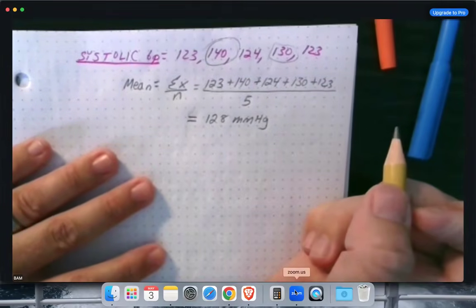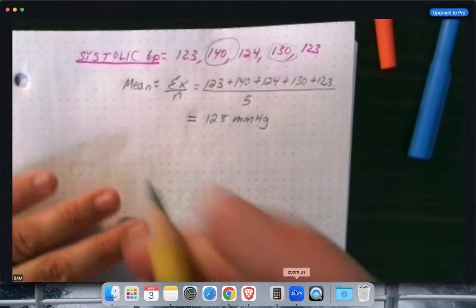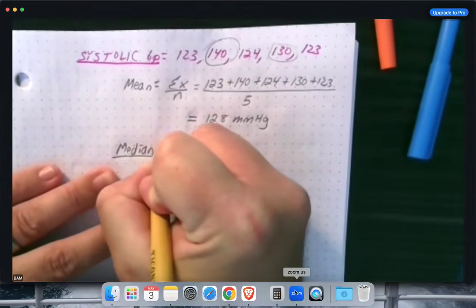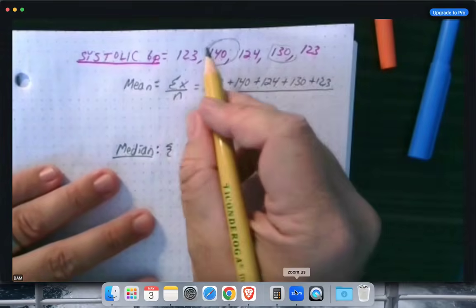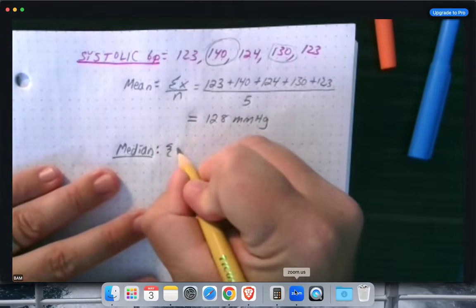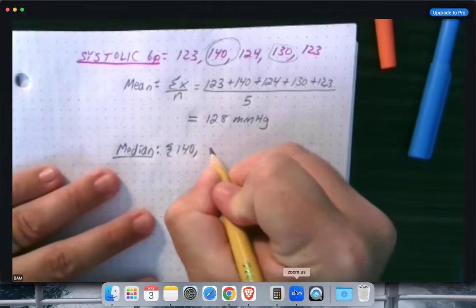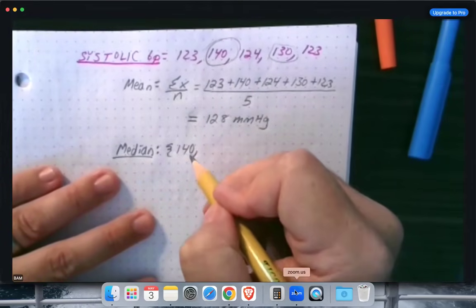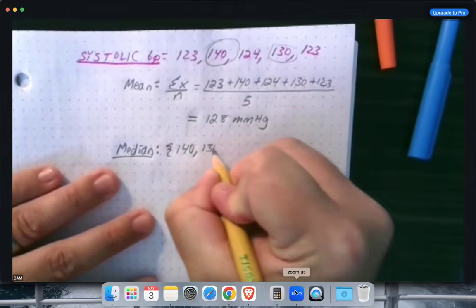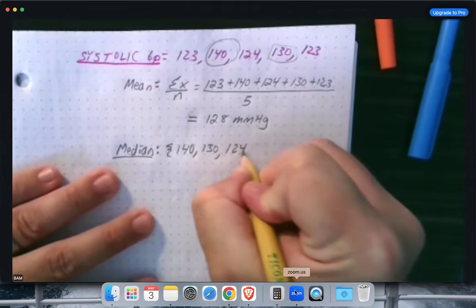Okay. The median, gonna line these up. I could do descending order, so if I feel like it. So I'll do descending 140. And there are different styles to do these things. I just had to pick some kind of style.